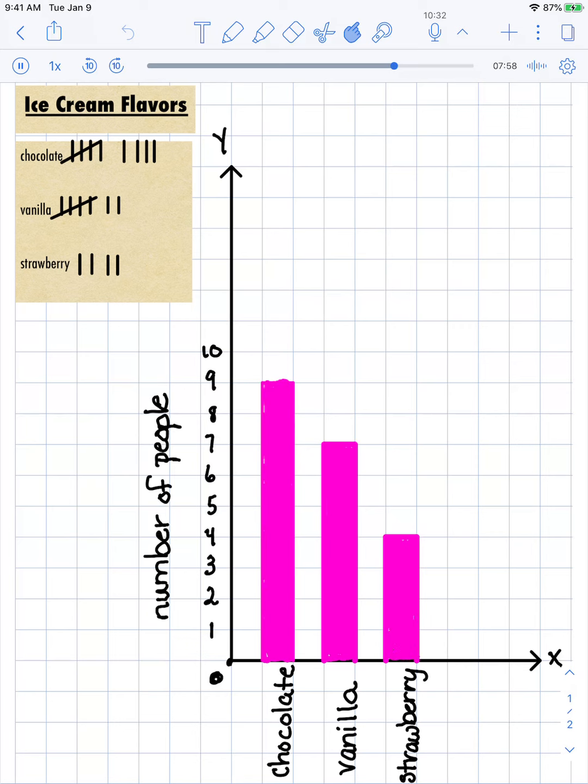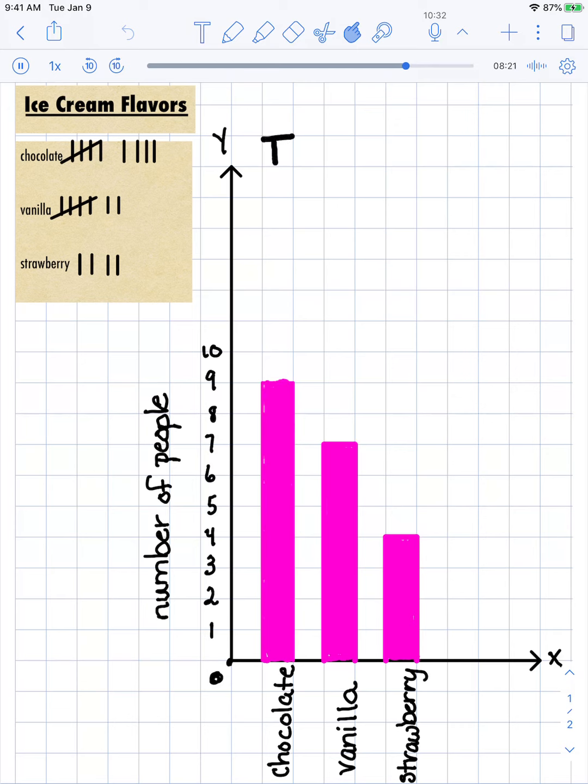Okay. So now I have all my bars in. There's one more thing that I'm missing on my bar graph, and that is the title of the graph. So your title is going to go up here at the top. So my title of my graph is ice cream flavors, or you could put favorite ice cream flavors.